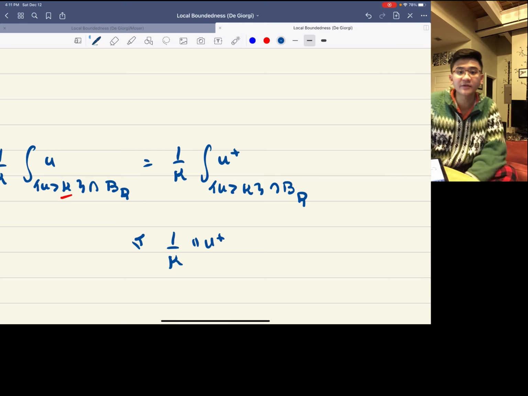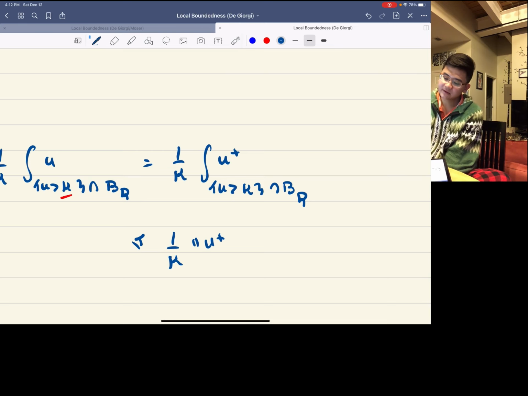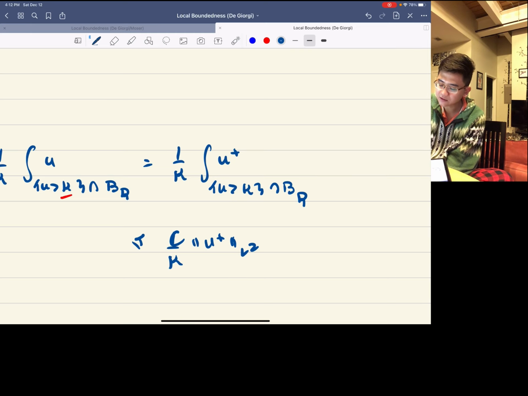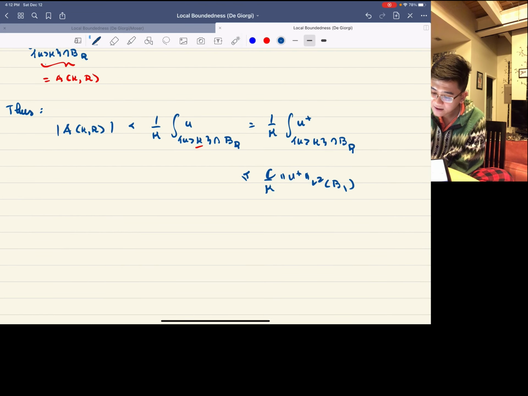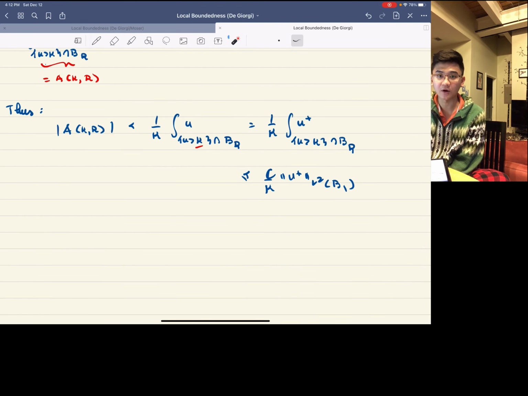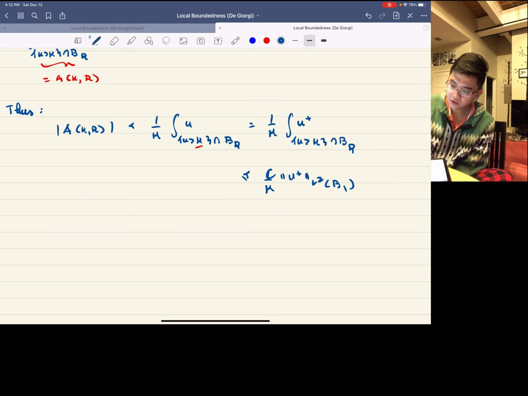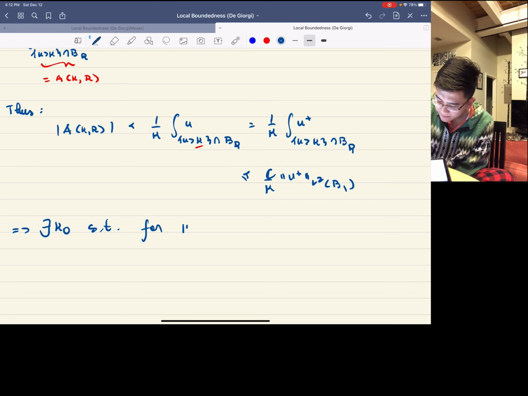Note that B_R is contained in B_1. So I have something like this, maybe some constant here, L2 norm on B_1. So what do you have? If k is large, this is going to be small. So you know that there exists some k0 such that for k bigger than k0, A(k, R) is small enough.